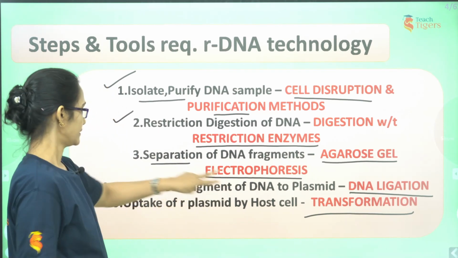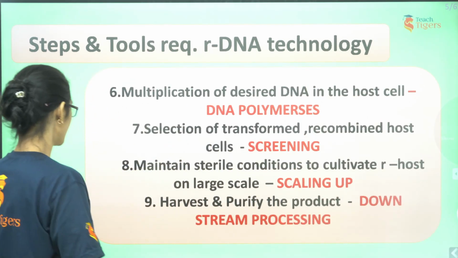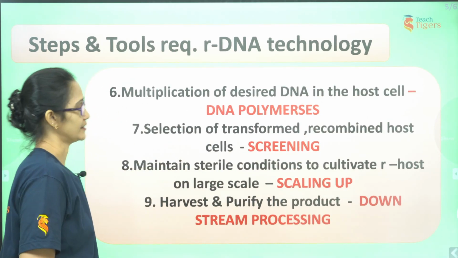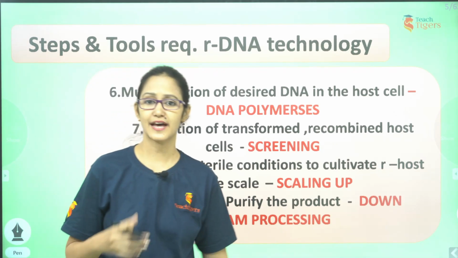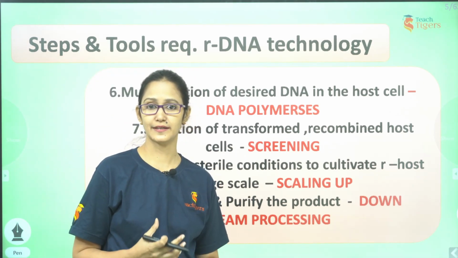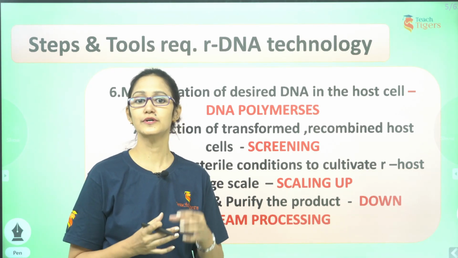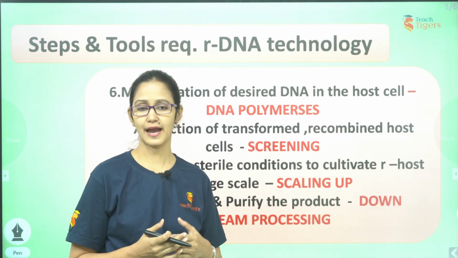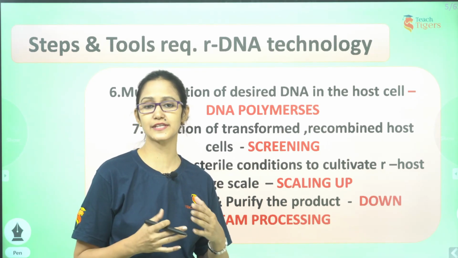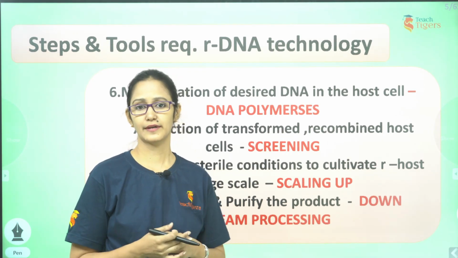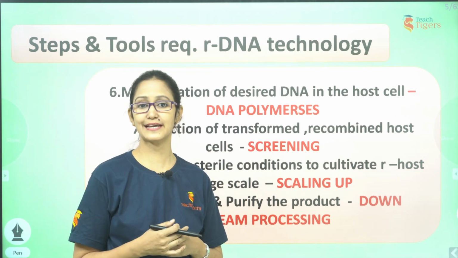So the next step will be multiplication of the desired DNA, right? So once the designer DNA, the recombinant DNA, entered into the host organism and the host was able to replicate it stably, the designer DNA was able to propagate itself into the next generations.